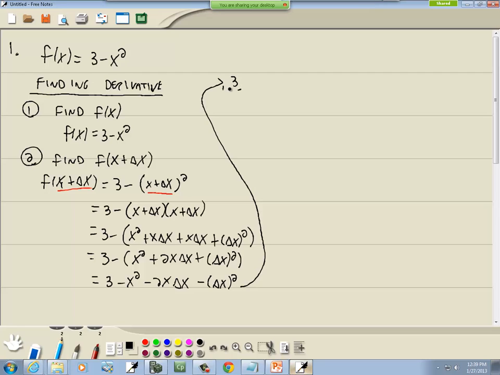Okay, step 3. Plug in f of x, and let me write that a little bit more legibly, and f of x plus delta x into our formula and find a limit.